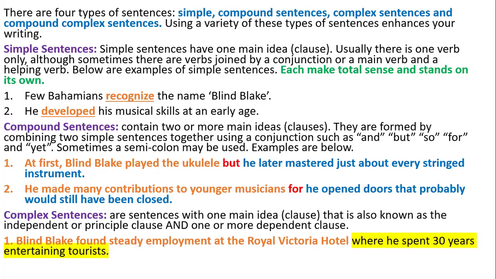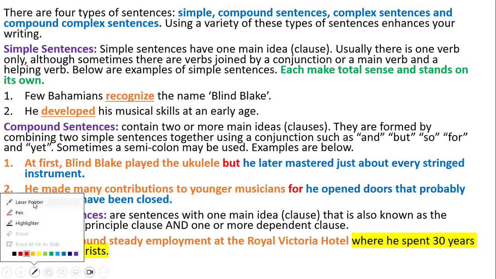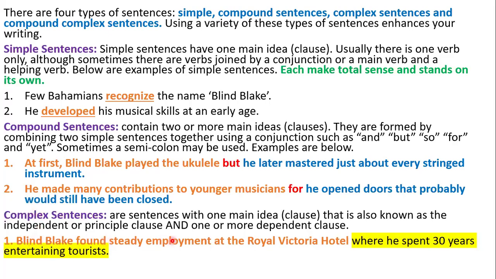That's why it's a dependent clause. So when I combine an independent clause, a statement that could stand on its own, with a dependent clause, I've created a complex sentence. A complex sentence is found when you combine an independent clause with a dependent clause.